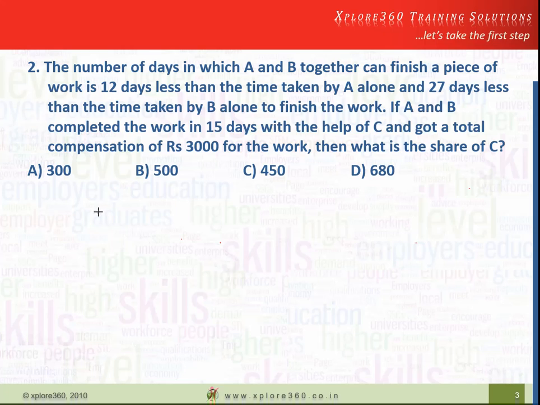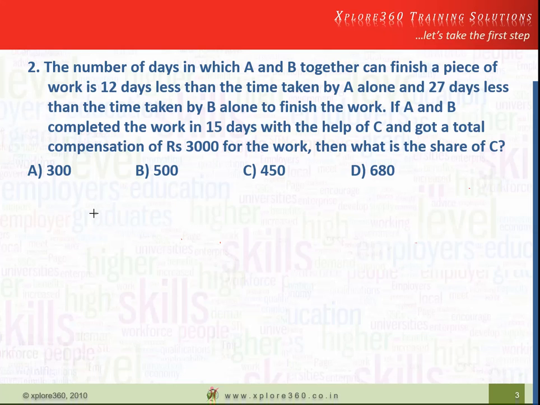Here the question says the number of days in which A and B together can finish a piece of work is 12 days less than the time taken by A alone and 27 days less than the time taken by B alone to finish the work. If A and B completed the work in 15 days with the help of C and got a total compensation of rupees 3000 for the work, then what is the share of C?